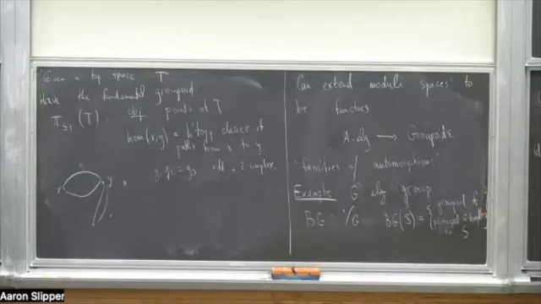The naive thing you would do is pass to the quotient, taking isomorphism classes of objects in this groupoid. But let's just remember the whole groupoid. You might reasonably ask why we're not remembering the whole category, since there is a category structure here.